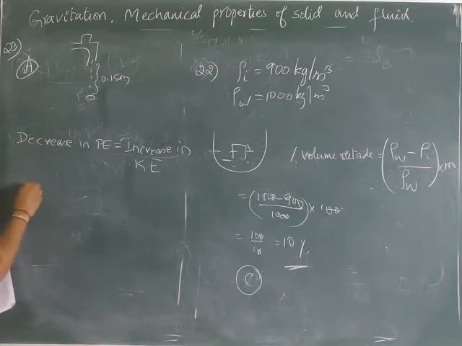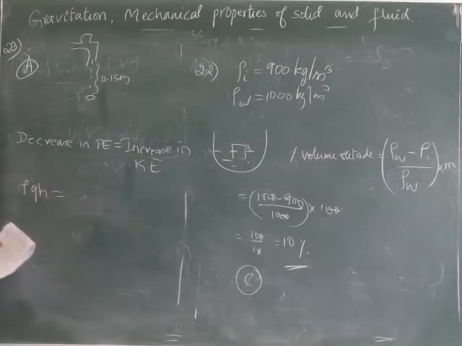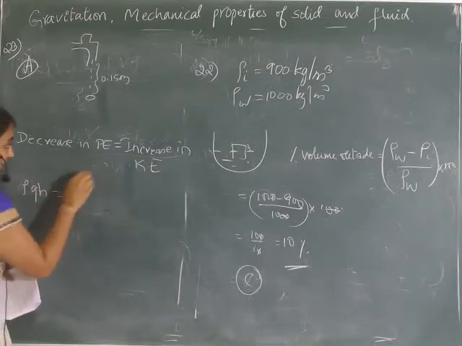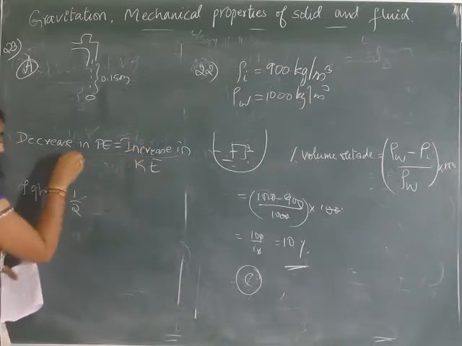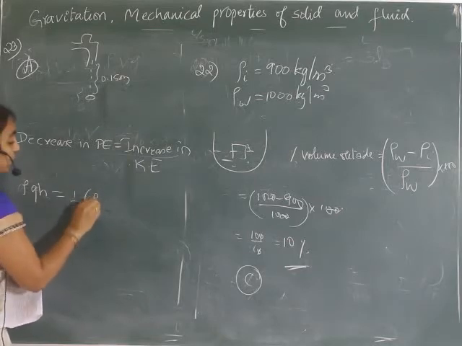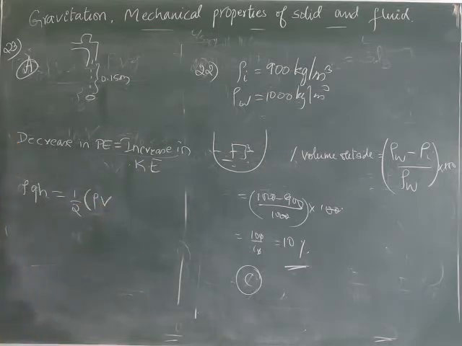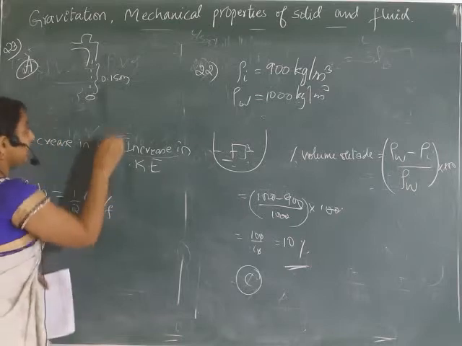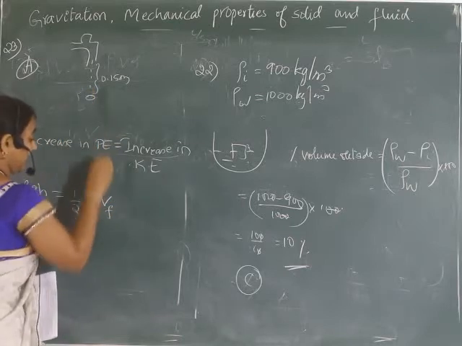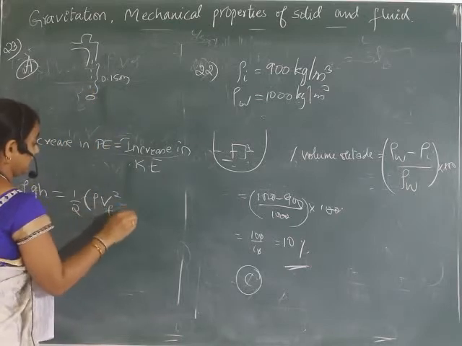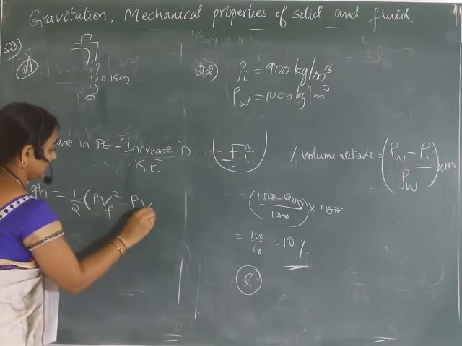So what is the potential energy formula? Rho GH. Okay, correct. And kinetic energy is half rho V square. Now finally it will reach here, so it will be final velocity minus initial velocity.